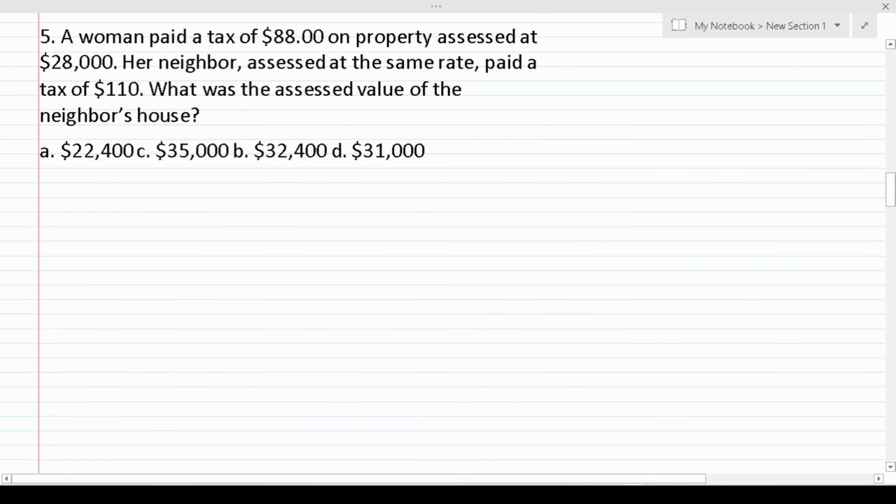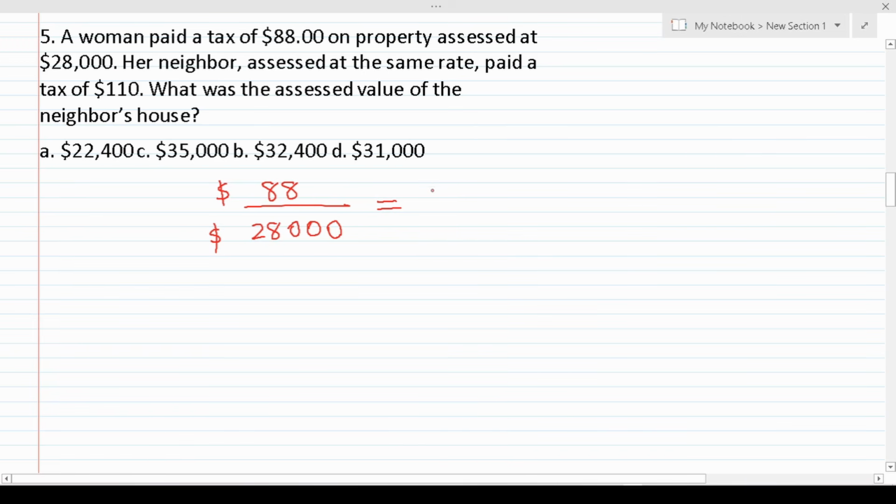In this case, we know a woman paid $88 on a $28,000 house. And to find out how much her neighbor paid, I'm going to set up a proportion. In the top, we have dollars of the cost of taxes, and in the bottom we have the value of the property.